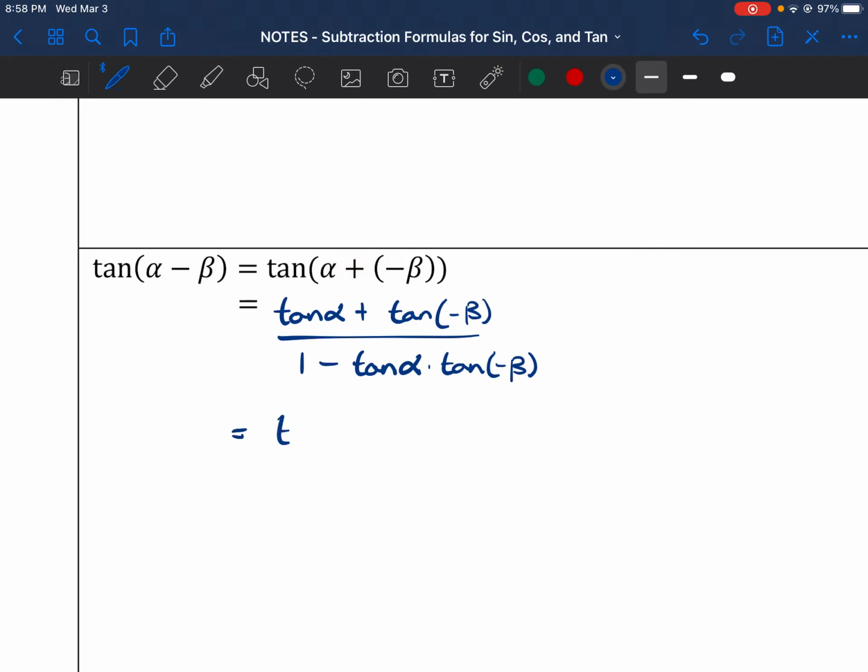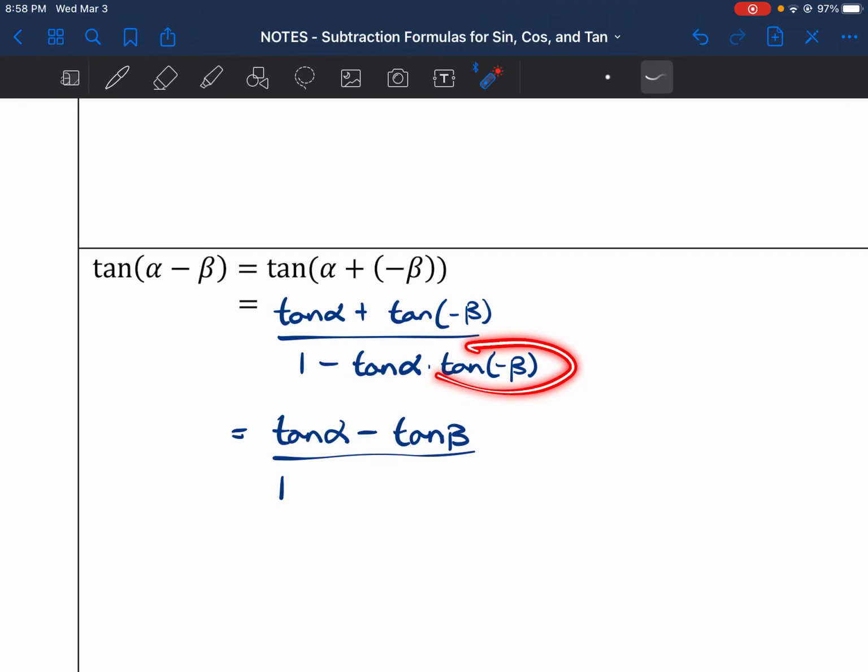Let's do some simplifying. So we have tangent of alpha, nothing changes there. Tangent of negative beta. Well, we saw on the previous page that tangent is an odd function, so the tangent of negative beta is equal to negative tangent of beta. So let's go ahead and get rid of the addition sign. This is now a subtraction sign. Negative tangent of beta. All right, in the denominator, same deal.